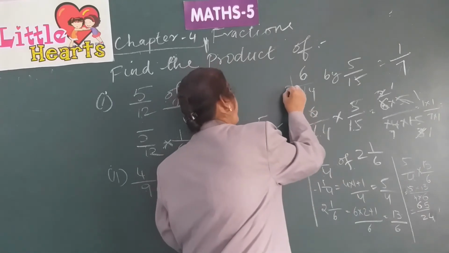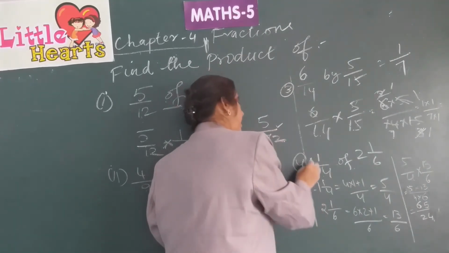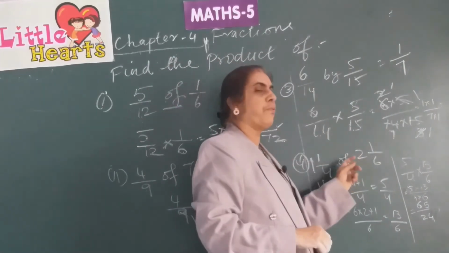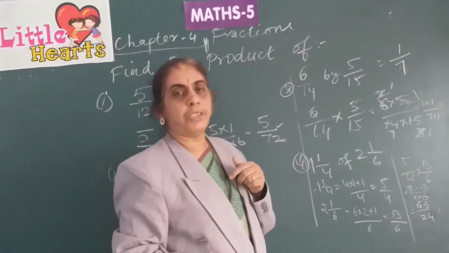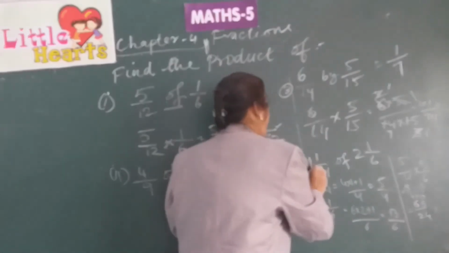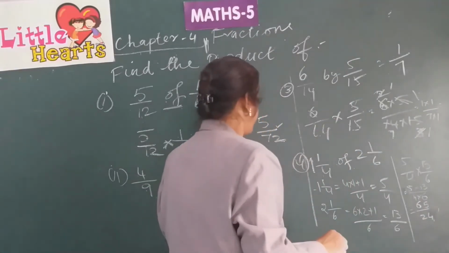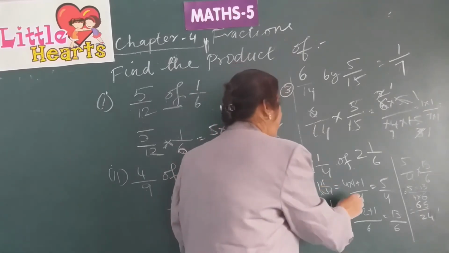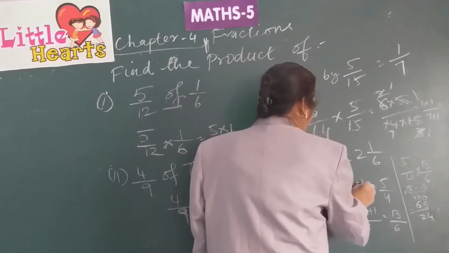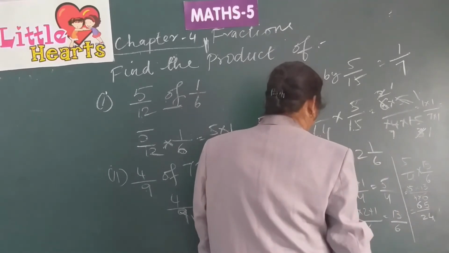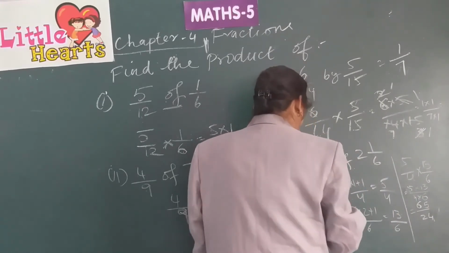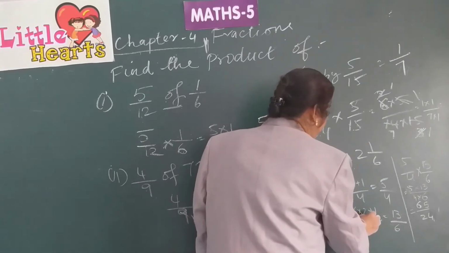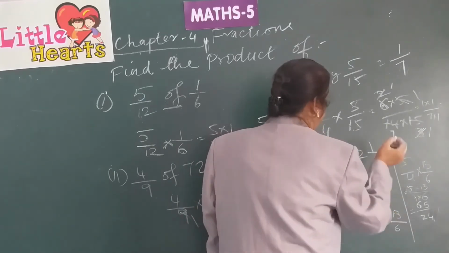Now take another problem which involves mixed fractions. When you need to multiply a mixed fraction, first change it into an improper fraction. 1 by 4 of 2 1 by 6. 1 by 4: 4 into 1 plus 1 by 4. 4 ones are 4 plus 1, 5 by 4. 6 into 2 plus 1 by 6. 6 twos are 12 plus 1, 13 by 6.